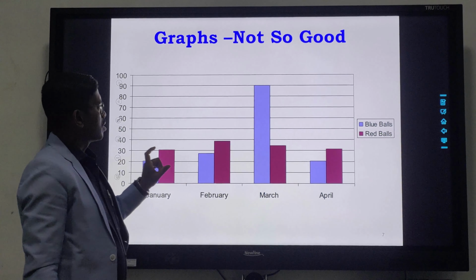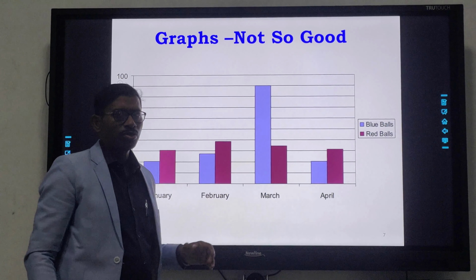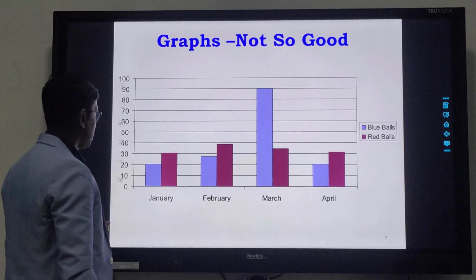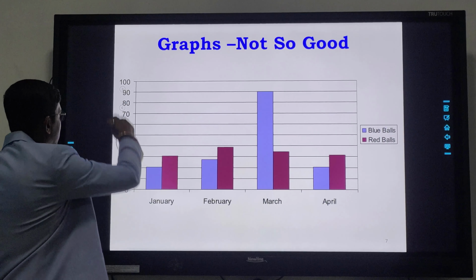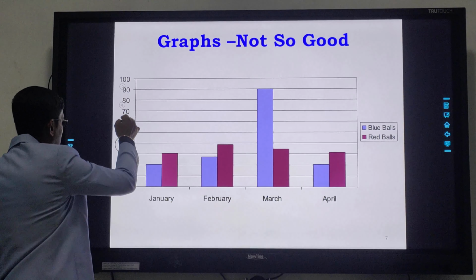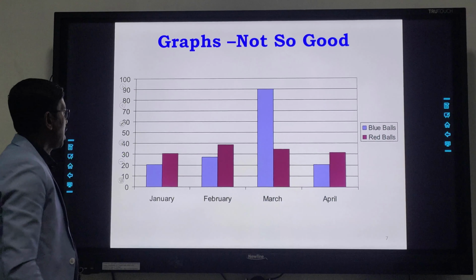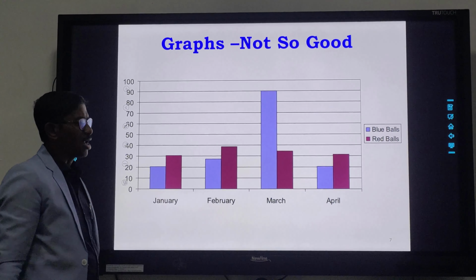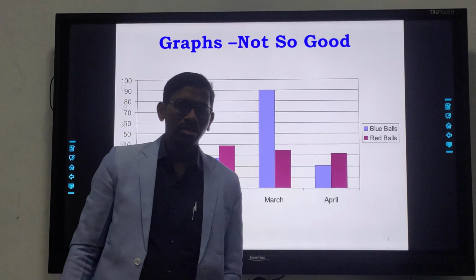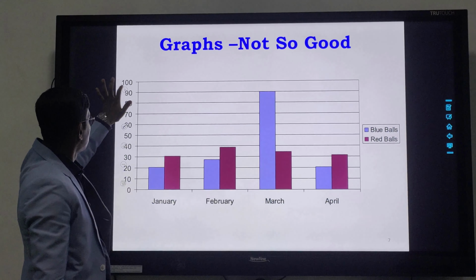Here I am showing one graph. It is not so good, but we can say it is a so-so graph. In this graph, the title is missing, the legends of the y-axis as well as x-axis are missing, and why this minor grid line has been used is not clear.